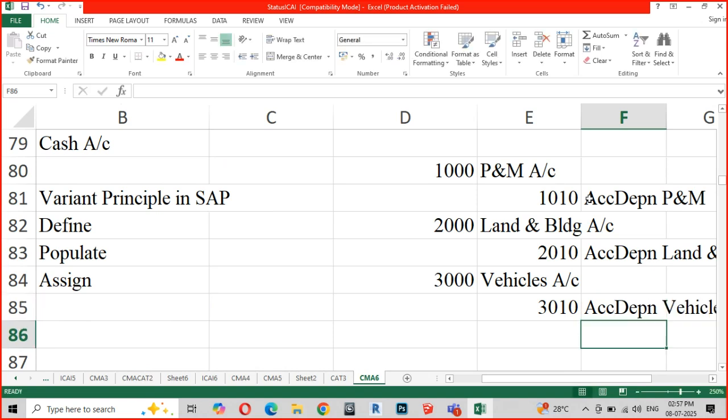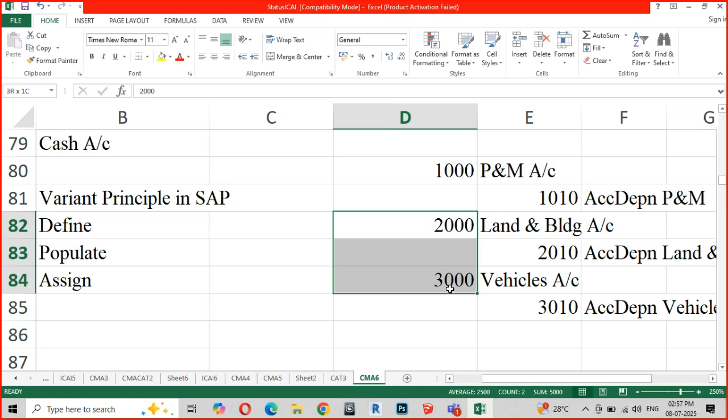Did you see the codes? 101000 is the plant and machinery acquisition or capitalization general ledger account. 1010 is your accumulated depreciation for plant and machinery. I will tell you what the logic is.